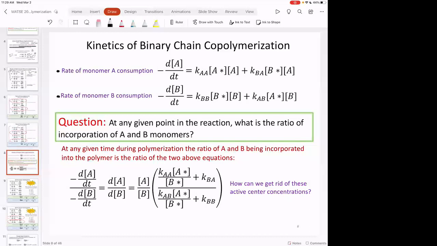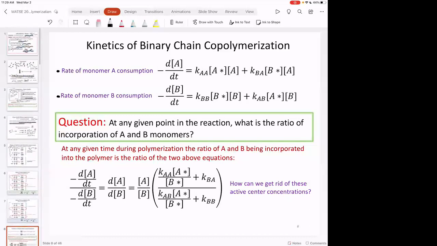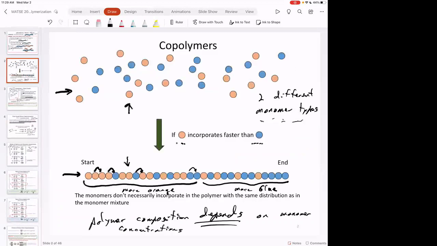And so now, we know those individual rates, right? We need to know the relative rates, because what's happening is you're having A and B monomers out there in solution. But in order to make a polymer out of those, you need to know the relative incorporation of A and B, because that gives you the composition of this polymer, right?